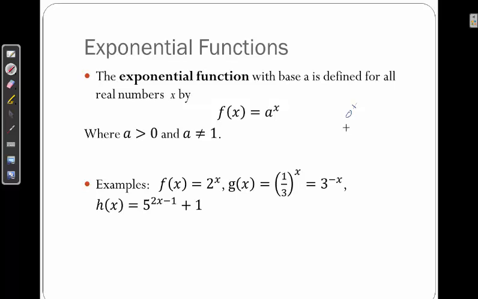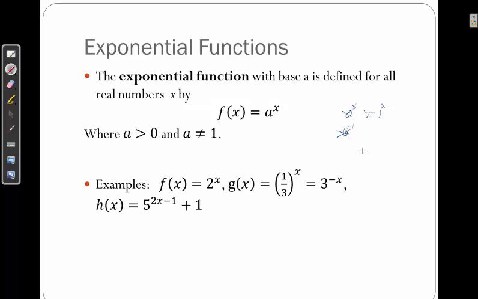And if you had 0 to a negative power, like negative 1, that would actually be undefined. So, we avoid that. We also avoid 1, because what's 1 to any power? Well, 1. And y equals 1 is not really a new type of function, it's just the horizontal line, y equals 1.